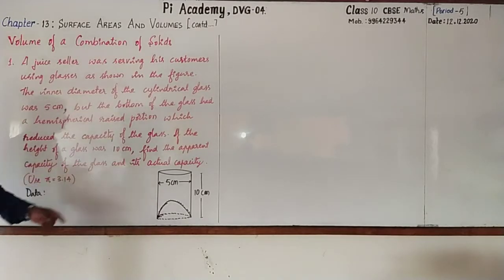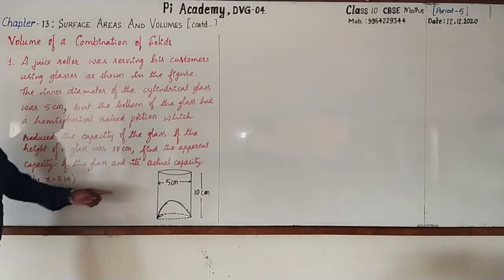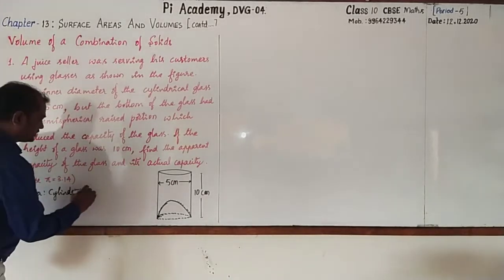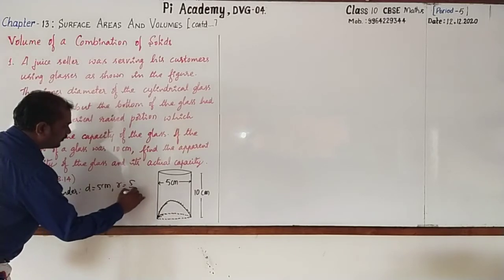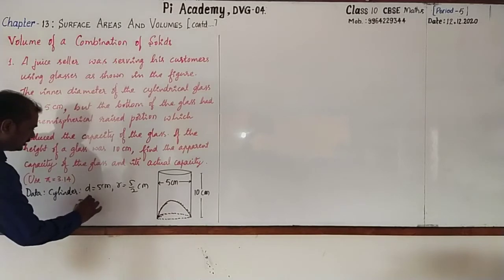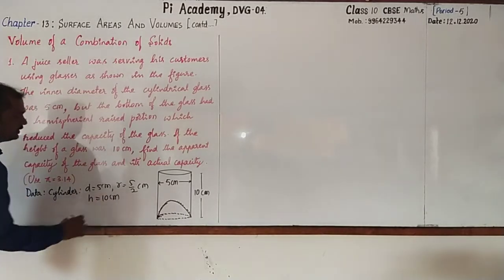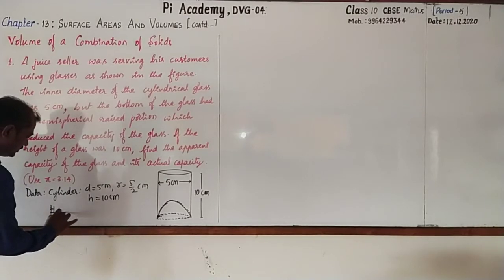It is first with respect to cylinder. What has been given? It is diameter. Diameter is 5 centimeter, then radius will be 5 by 2 centimeter. Then height has been given. It is 10 centimeter. Next, with respect to hemisphere, right?